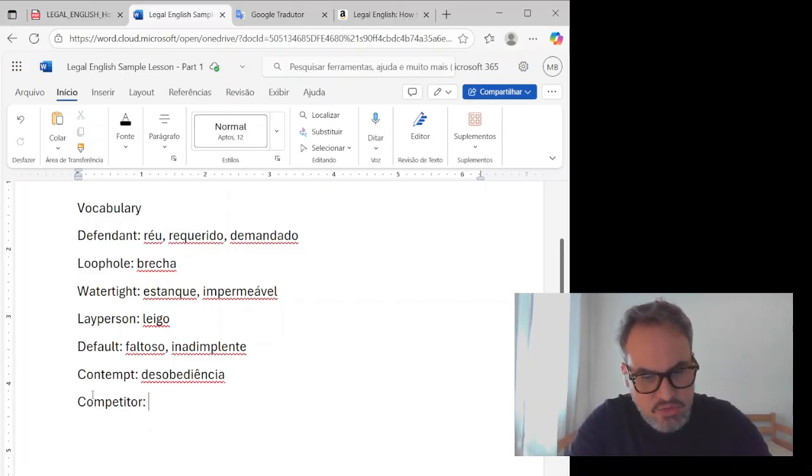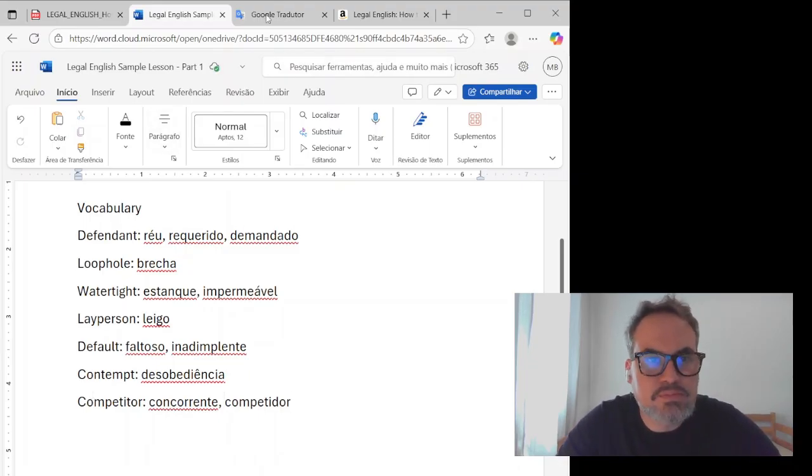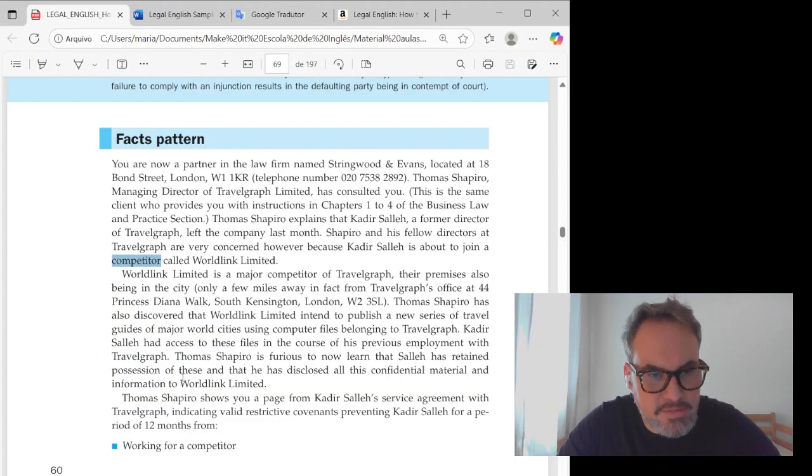Okay, competitor would be competidor or maybe concorrente. It's better in Portuguese. Here it is. There is also partner in a law firm. Okay.